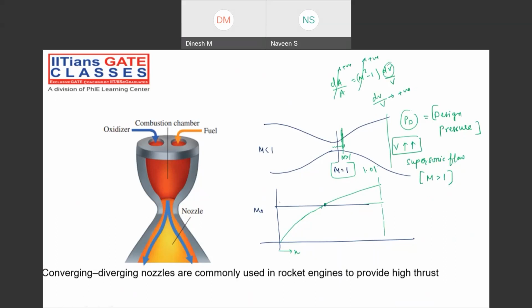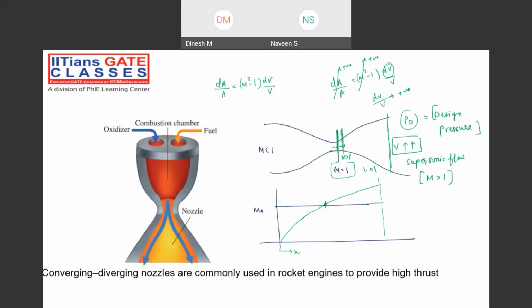Suppose you are not able to reach Mach number 1, then the discussion might be different. Again, dA by A equals (M squared minus 1) times dV by V. Now, suppose some of you are having the confusion, sir, where will the maximum velocity be?